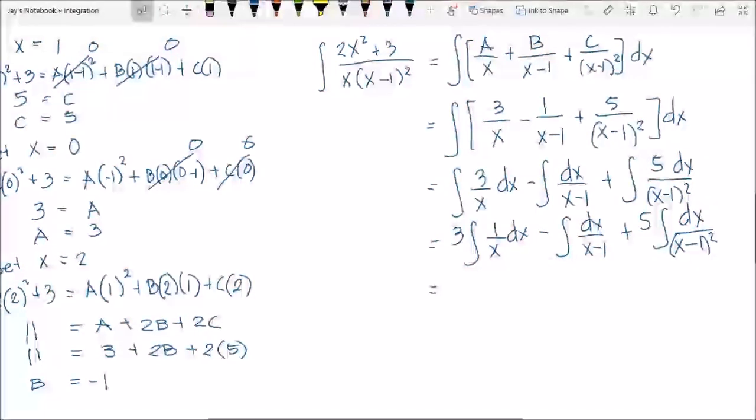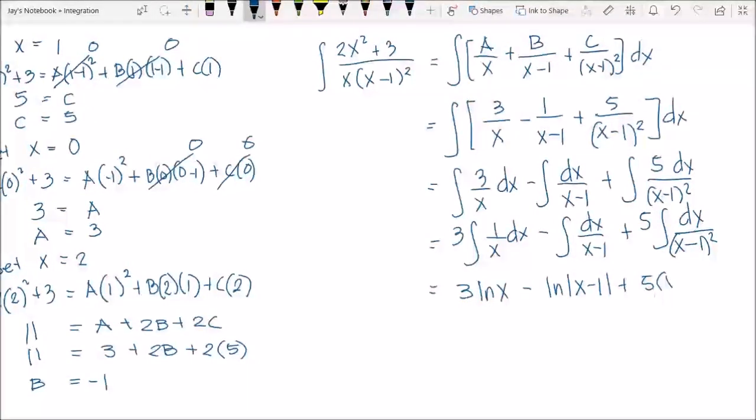So integrating, we can say this is 3 natural logarithm of x, minus the natural logarithm of x minus 1, plus 5. This is the power rule, no? Since the exponent of the denominator is not equal to 0 or 1, you can apply the power rule to this.